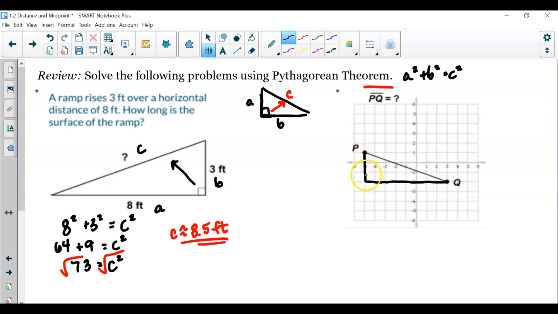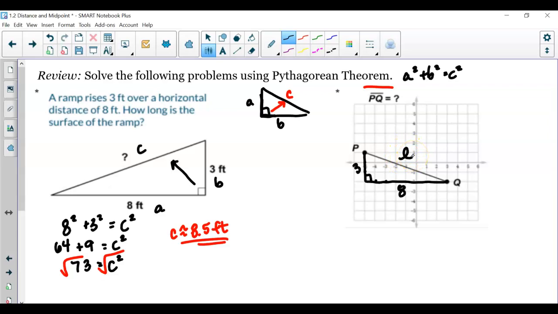Well, this side of my right triangle is 3. This side of my right triangle is 8 because I can count the units. 1, 2, 3, 1, 2, 3, 4, 5, 6, 7, 8. And we are looking for the distance or the length of PQ. So I'll put L for length.